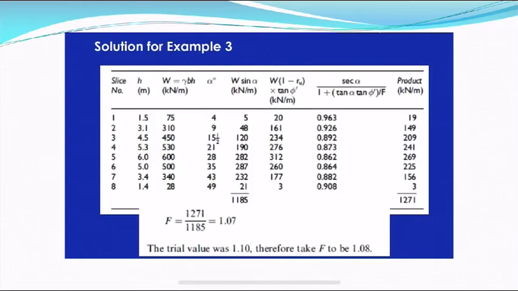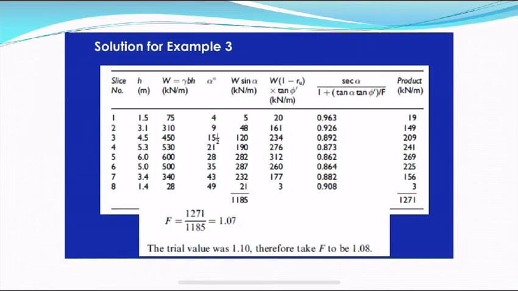So the solution for example 4 works out to be as follows. The slice number, which is 8 number of slices, the heights, and the centers of the slices are given here, and the weights are given in terms of gamma BH. Similarly, we calculate alpha and compute W sin alpha, then compute W into 1 minus Ru tan phi dash.